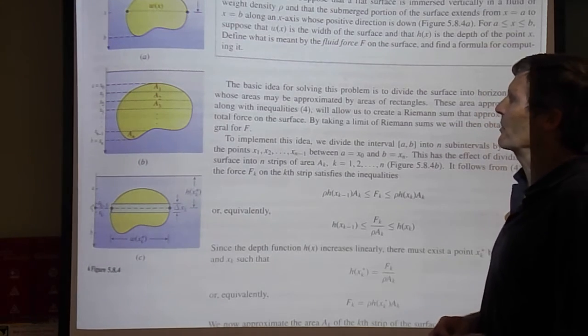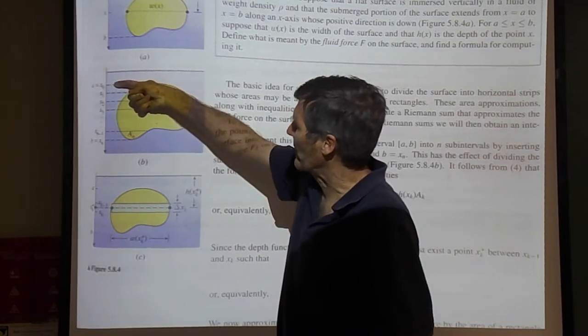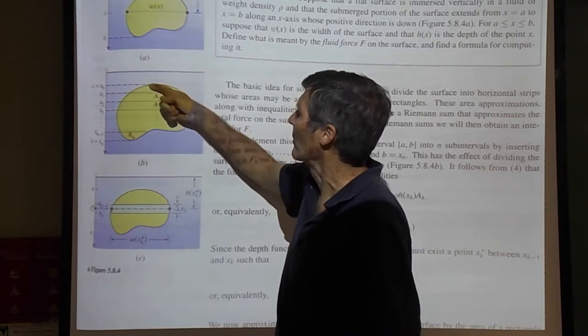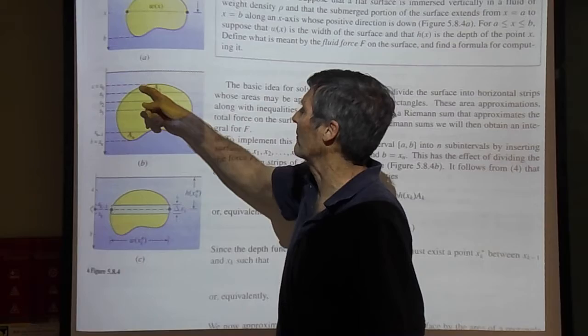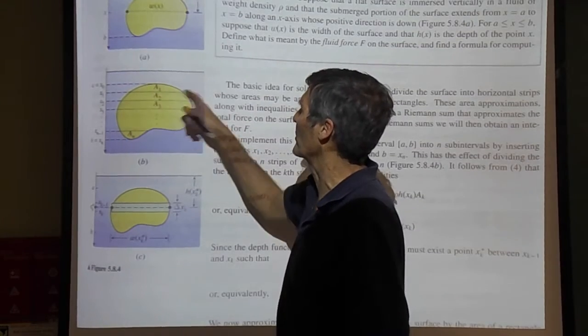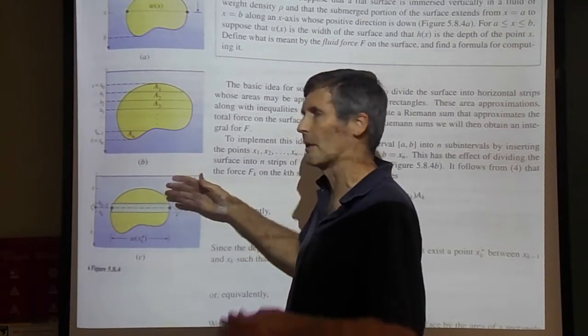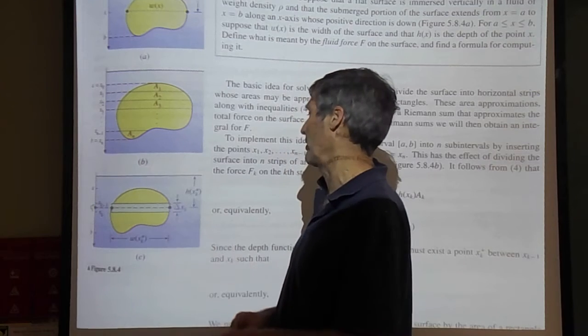What do we do? Well, we can think of partitioning the x-axis, x0, x1, down to xn, going from a to b, and on each of these little sections we can find the force on this part, the force on this part, add them all together, and we'll get the total force on each side of the plate.